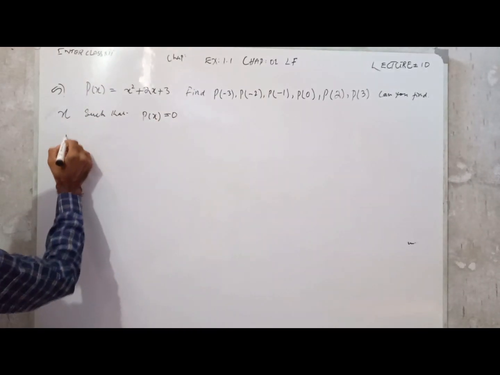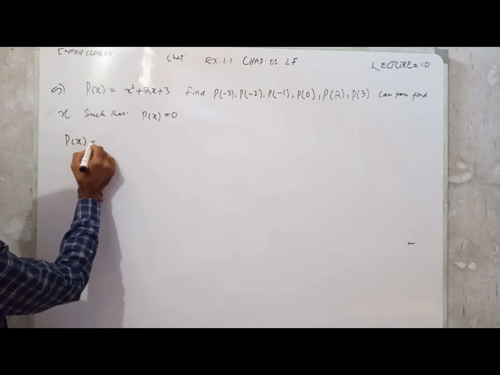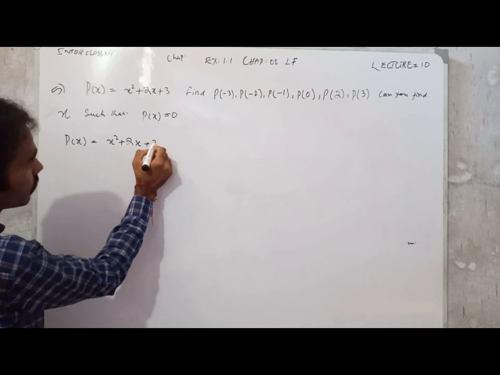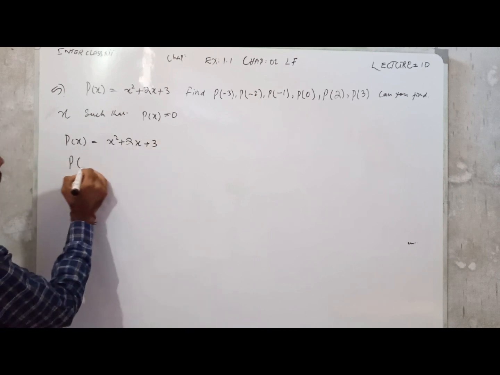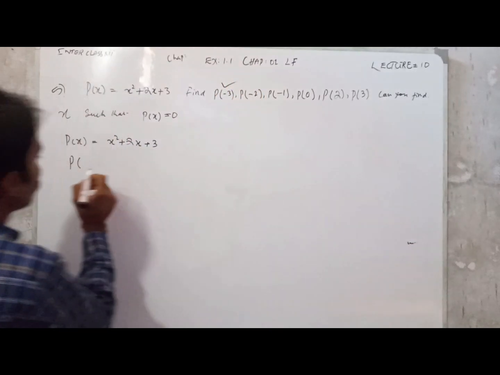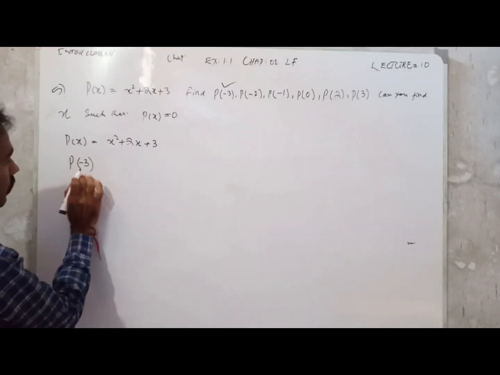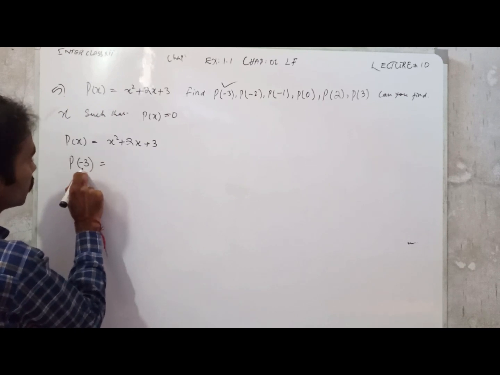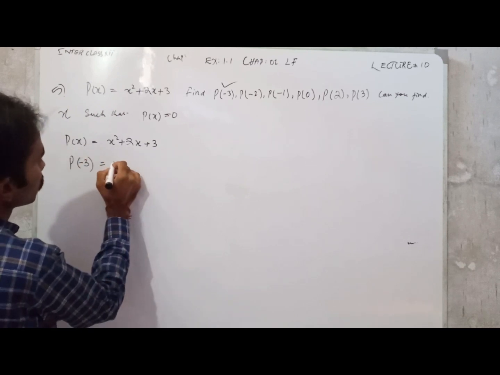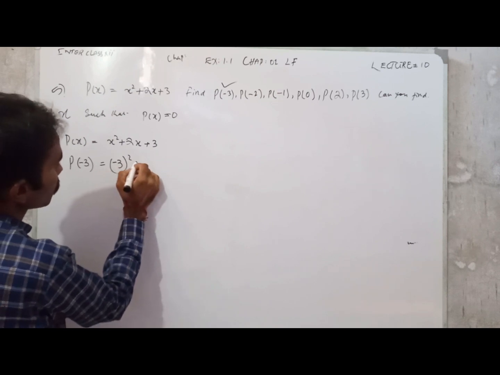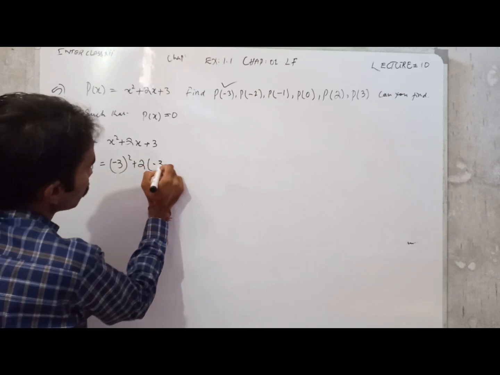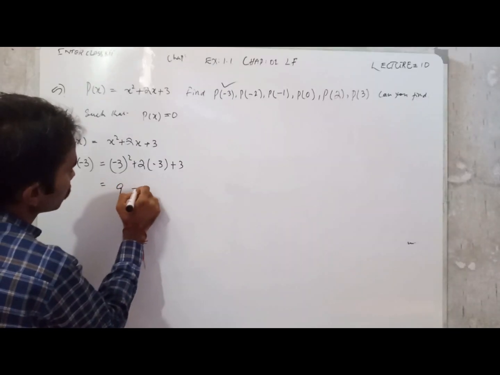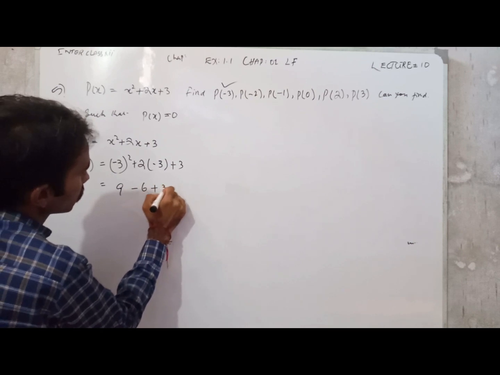So p of x equal to x square plus 2x plus 3. We will first put minus 3 in the place of x. So minus 3 whole square plus 2 times minus 3 plus 3 is equal to 9 minus 6 plus 3.